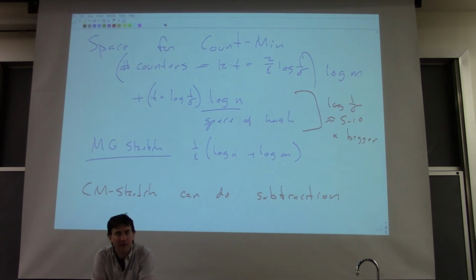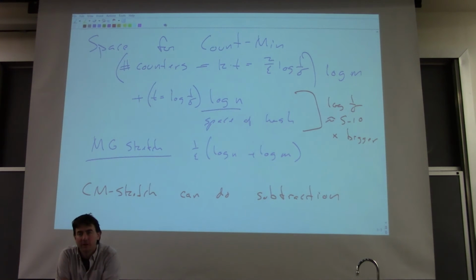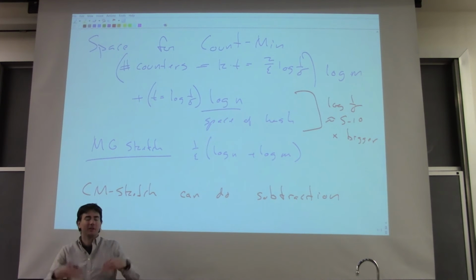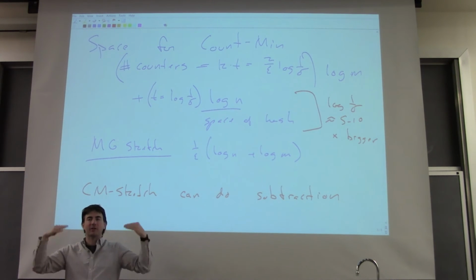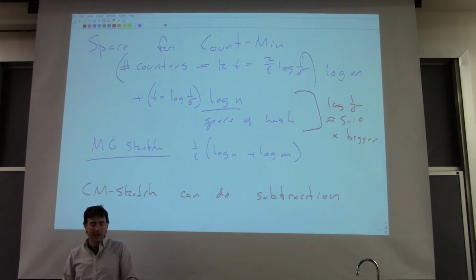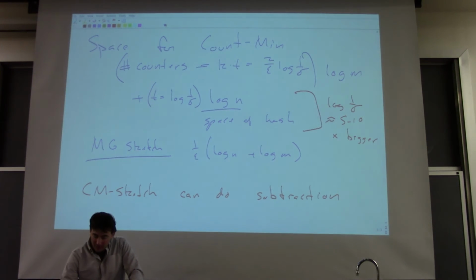So you can remove an item that you put in before. Let's say I accidentally had a typo in my sketch. Can I go back and fix it? I can't with Misra-Gries. Once I've done this thing where I subtract something from every counter, I don't necessarily know what I had anymore. I can't go back and fix that. But with the Count-Min sketch, it's easy to go back and fix.